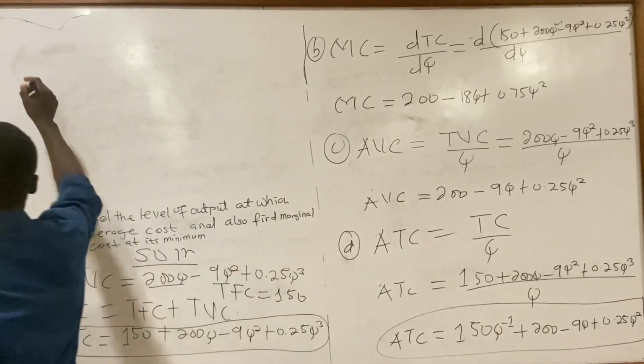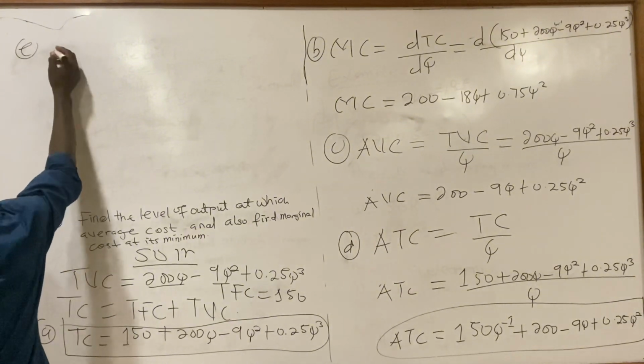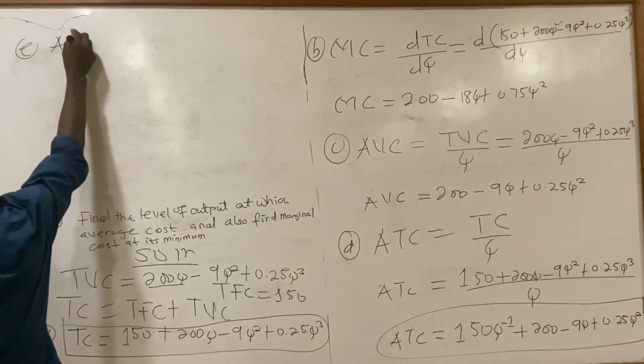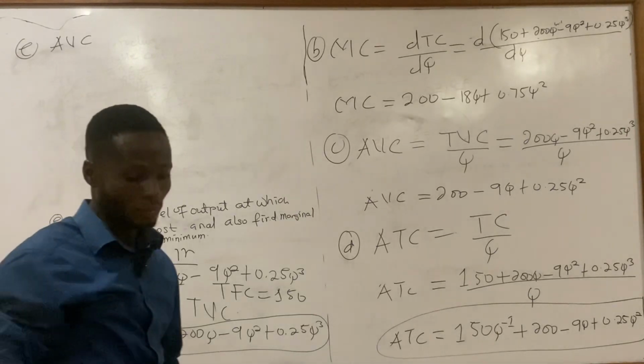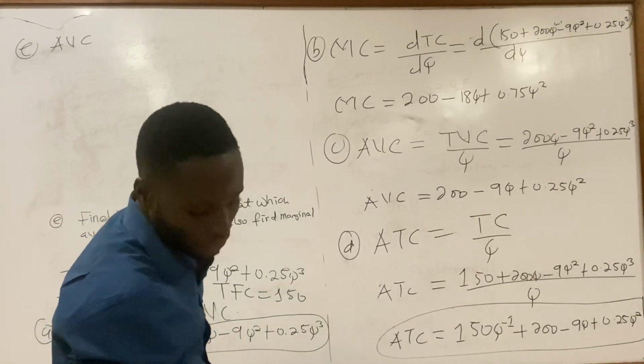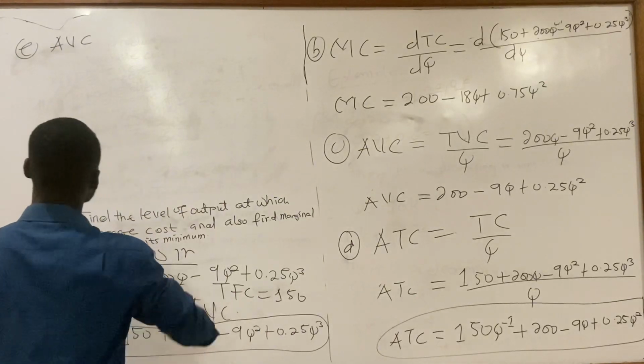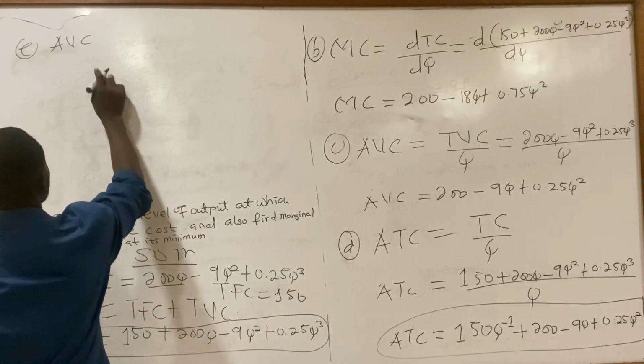So he said average variable cost at its minimum. So we differentiate the average variable cost.